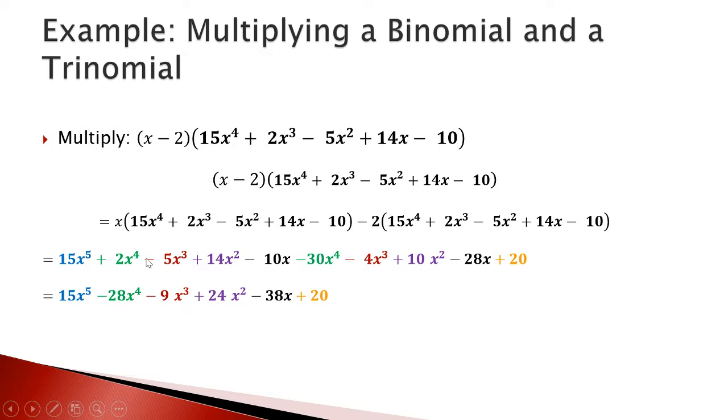Likewise, when we simplify like terms, finally we get 15x to the power 5 minus 28x to the power 4 minus 9x cubed plus 24x squared minus 38x plus 20.